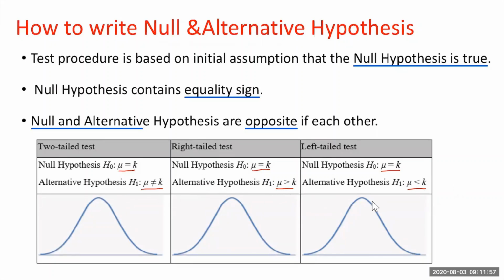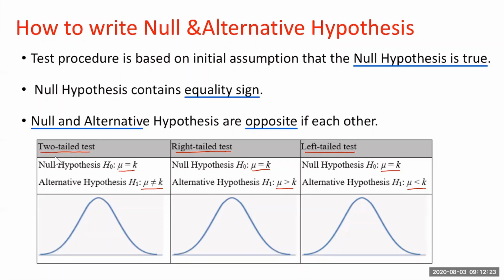Also, based on this information, when we perform the hypothesis testing, it could be a two-tailed test, a right-tailed test, or a left-tailed test. And how do we determine that?